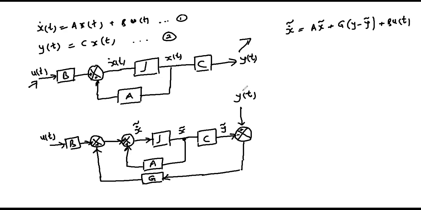So this is y minus y estimated, then we multiply by G, then we add u of t being multiplied by B. Then we also notice that the estimated value of the output will be equal to C multiplied by the estimated states of the system. We can call this equation 3 and this equation 4.